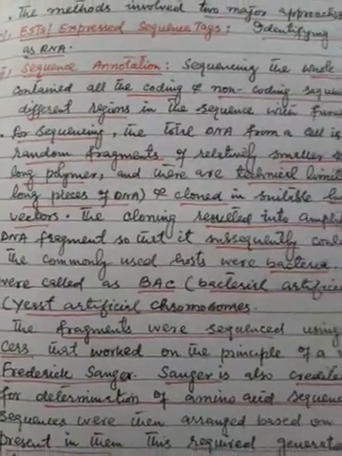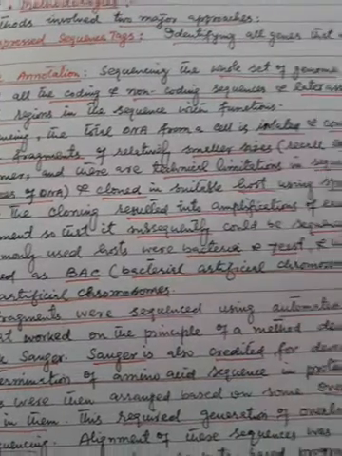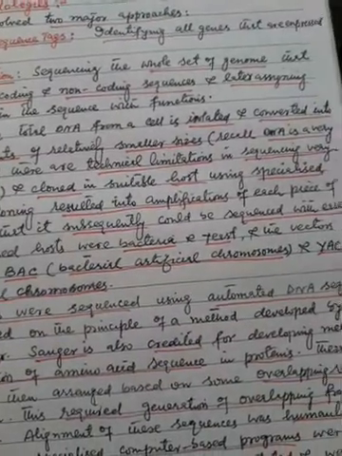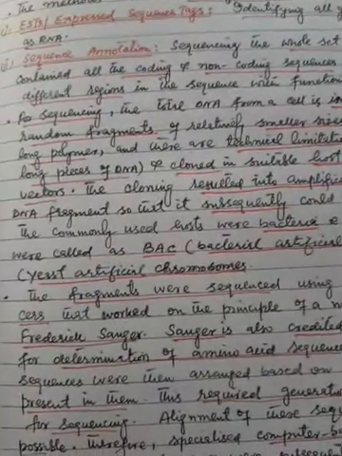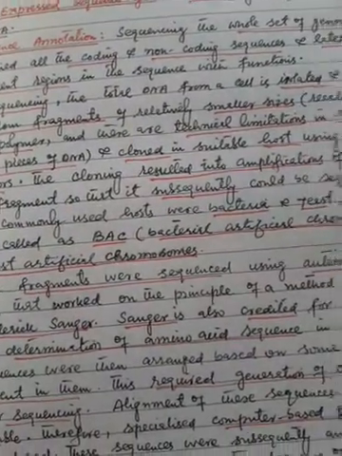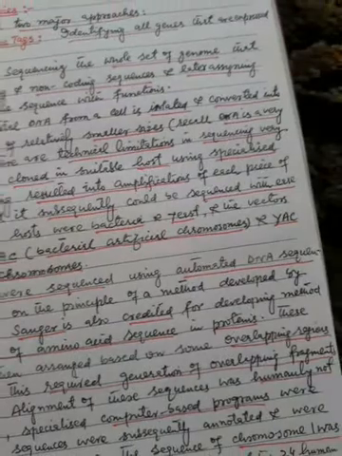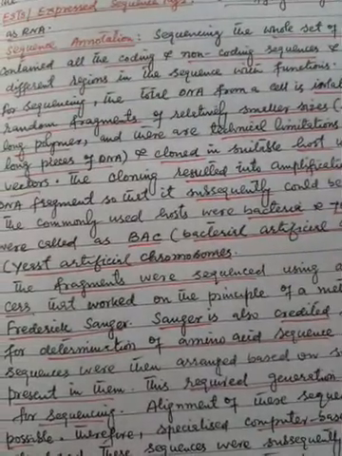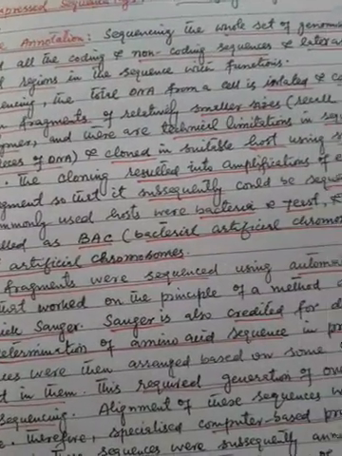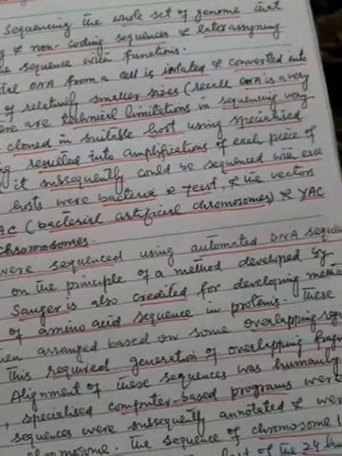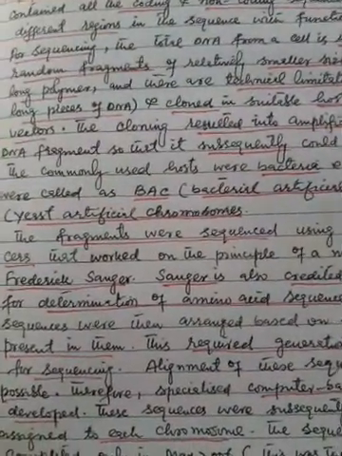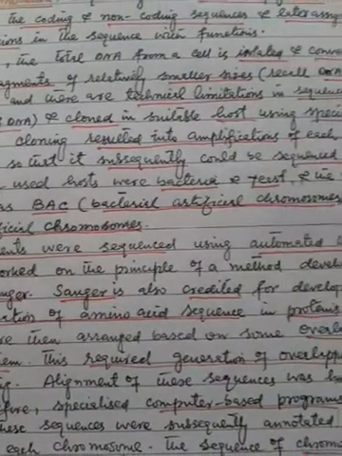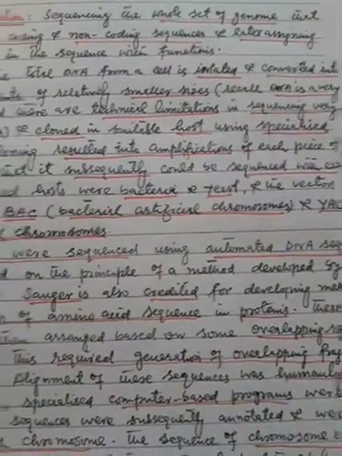The fragments were sequenced using automated DNA sequencers that worked on the principle of a method developed by Frederick Sanger. Sanger is also credited for developing method for determination of amino acid sequence in proteins.